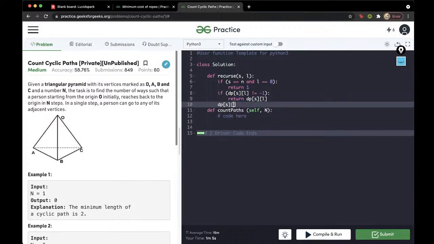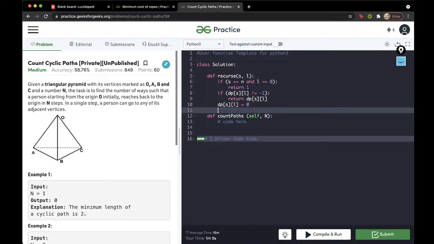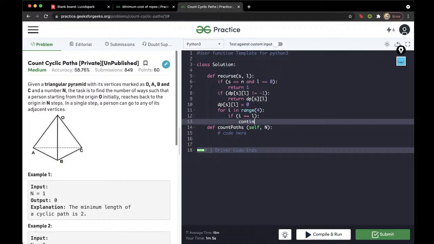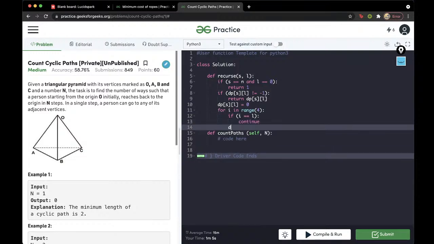dp of s of l equals 0, for i in the neighbors, continue.